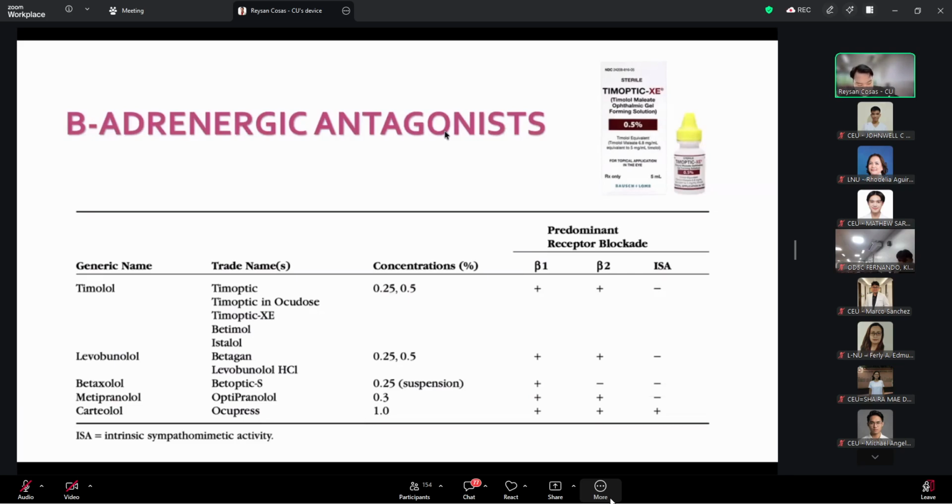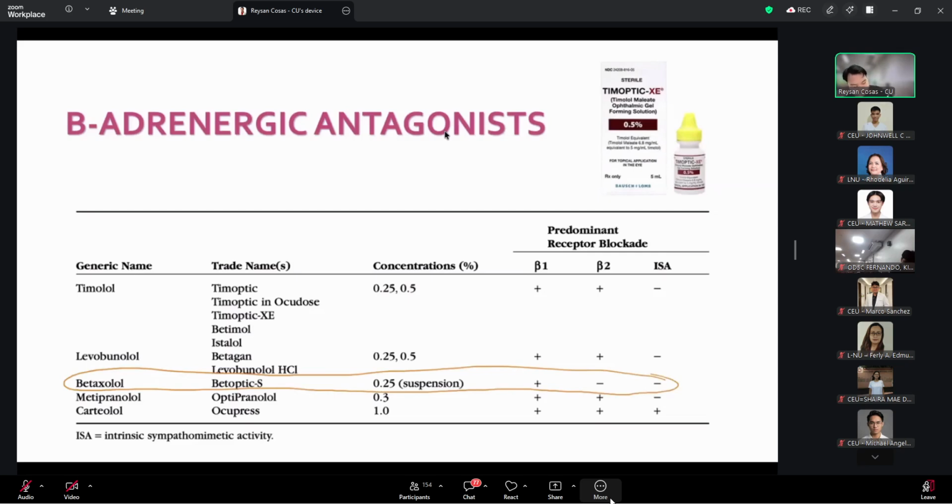So pag sinabi nating selective, they only bind to the beta 1 receptor. And the rest are non-selective beta blockers.